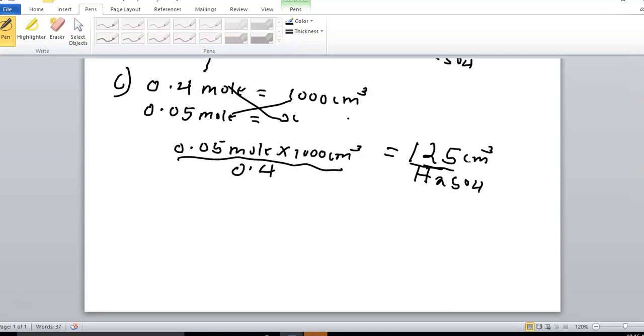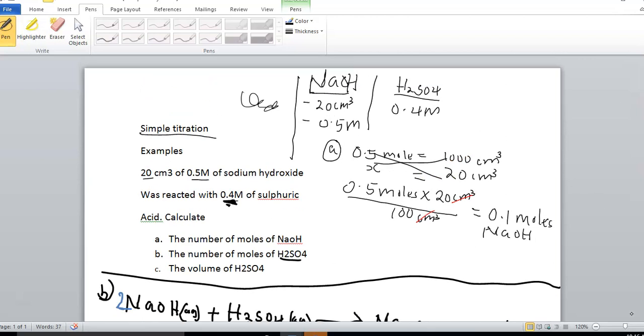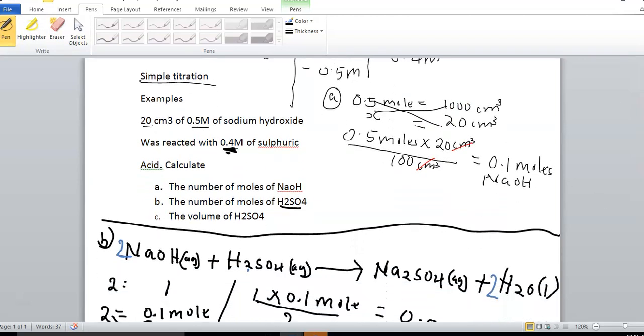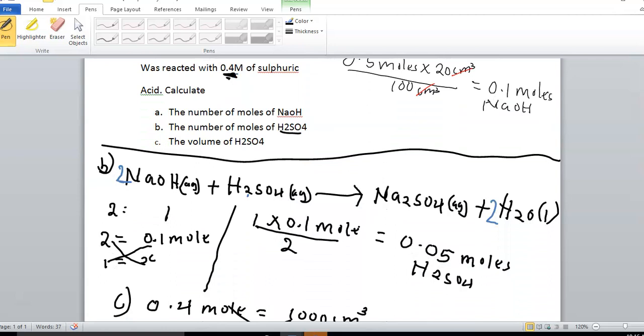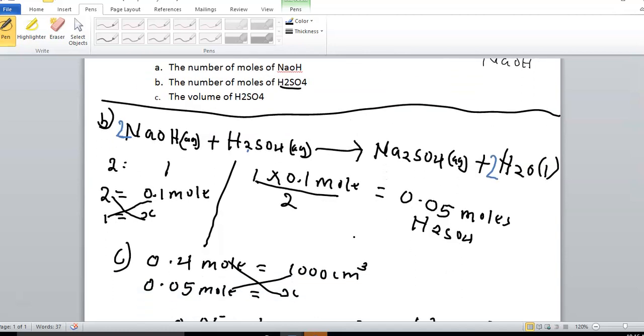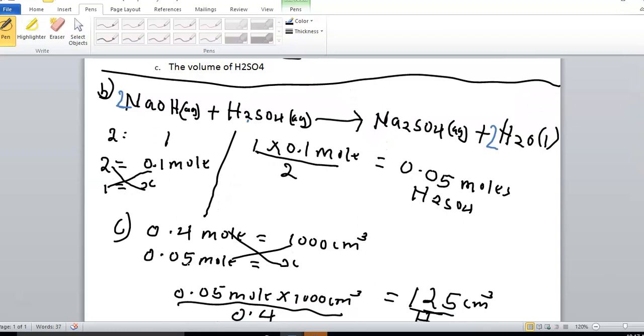The 0.05 mole, which is the number of moles of the sulfuric acid used that you obtained through the reaction equation, is equal to how much volume used. This is the number of moles used. Then it gives us the volume used, which, when we do cross multiplication, we get. This is the value: 125 centimeter cubed.